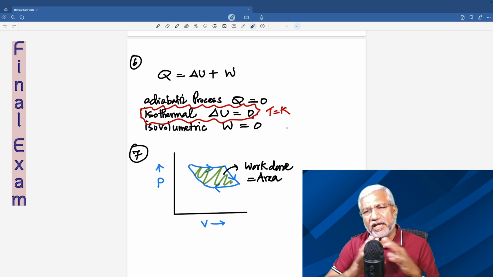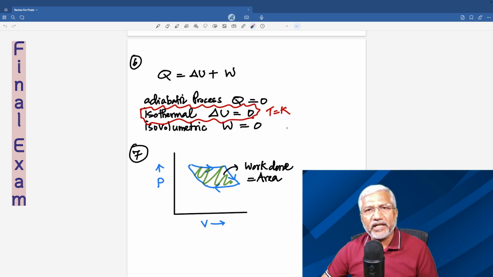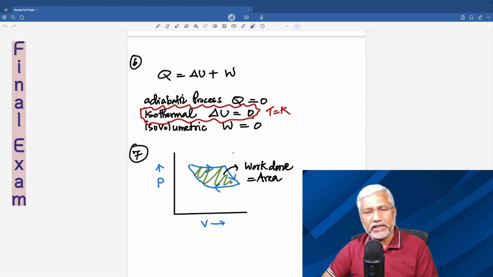Now, staying on the track of work, whenever gas does work, you can find the work done by finding the area of the pressure-volume diagram. So here you have 1, 2, 3, 4 processes. This is just like in a Carnot engine, if you know what that is. That's the name of a scientist, Carnot, C-A-R-N-O-T. So there are 4 processes.